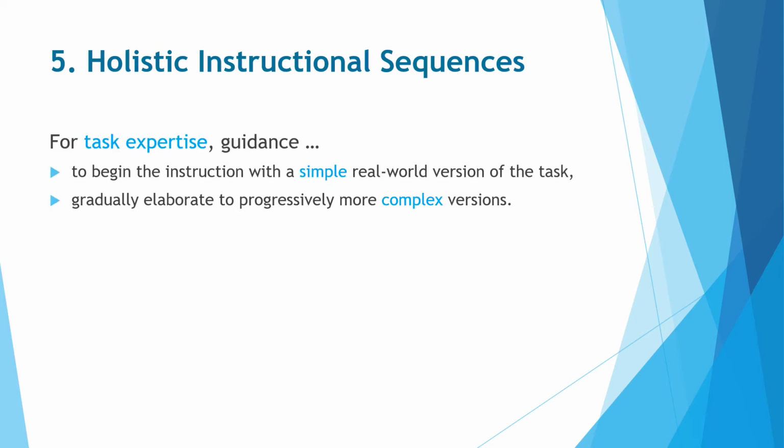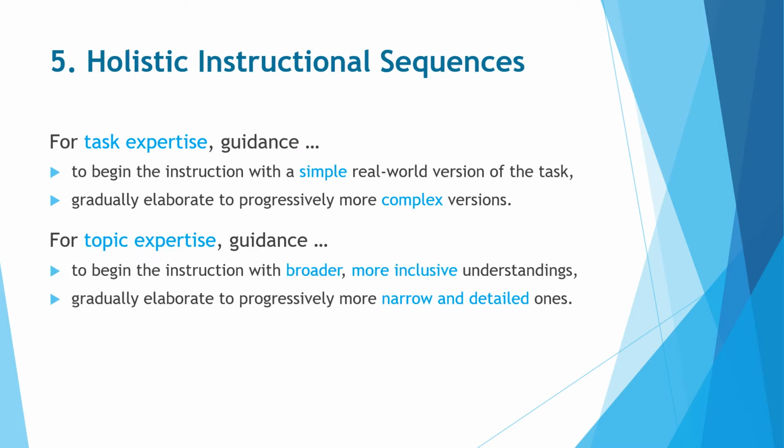For task expertise, the guidance is to begin with a simple real-world version of the task, and then gradually elaborate to progressively more complex versions. For topic expertise, you begin with broader, more inclusive understandings, and then gradually elaborate to progressively more narrow and detailed ones.